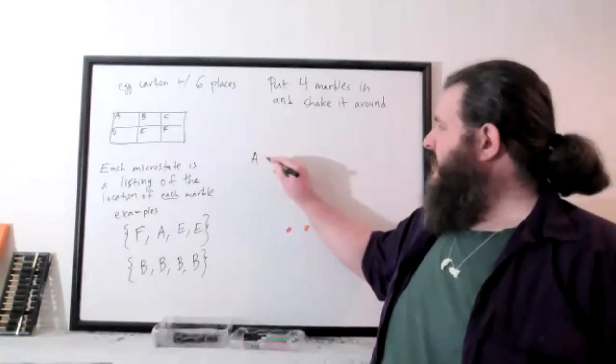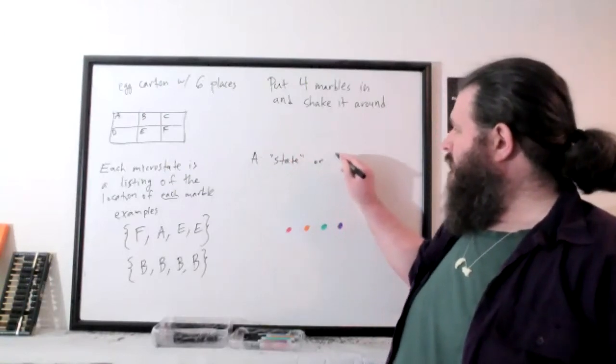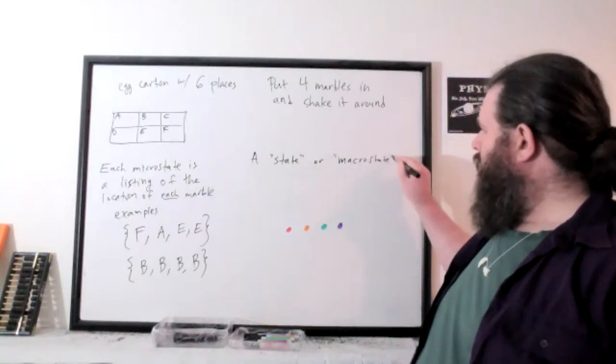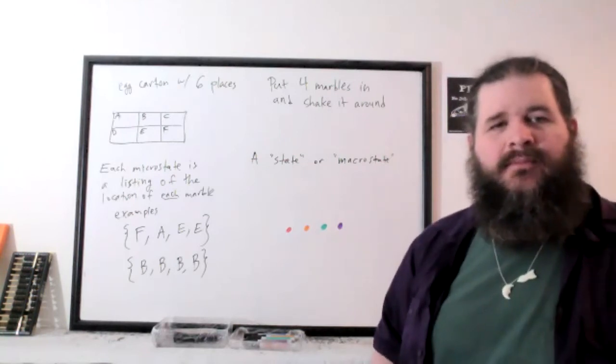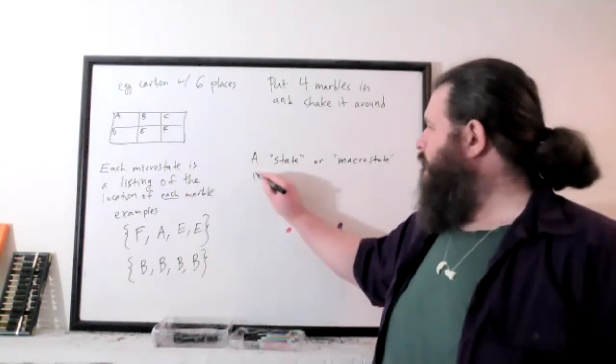And then a state, or sometimes called a macrostate, is more of a big picture description of the whole system, usually not listing out the specifics of each marble.